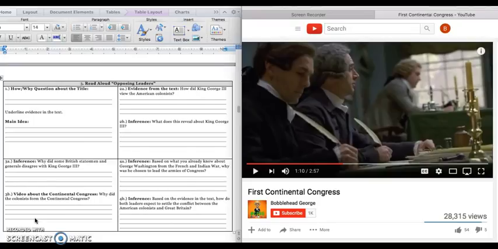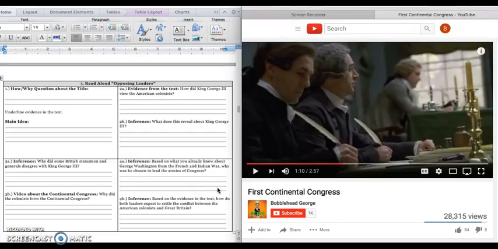4A says, based on what you already know about George Washington and the French and Indian War, why was he, meaning George Washington, chosen to lead the armies of Congress? We remember George Washington from the French and Indian War and how he was the youngest American-born person to lead part of the army.